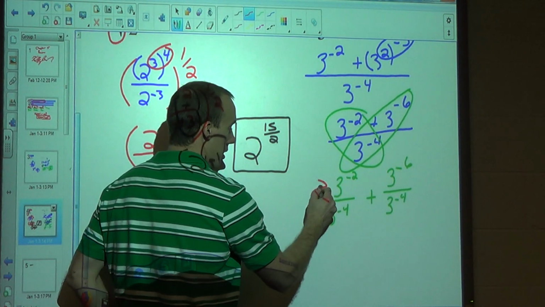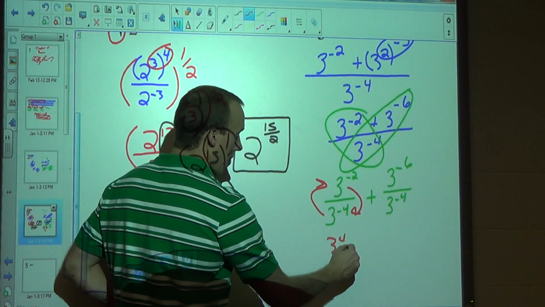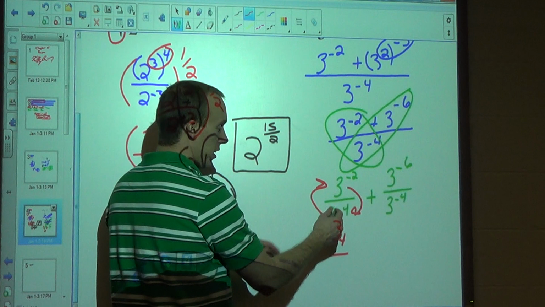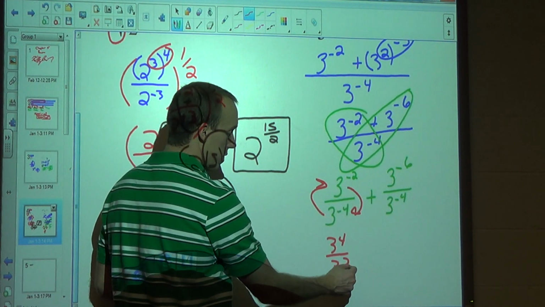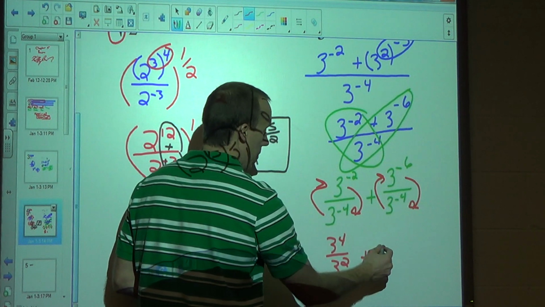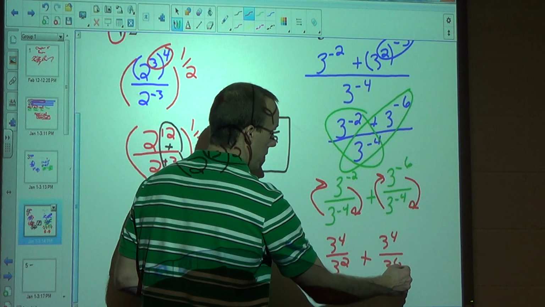Could I move this to the top and this to the bottom? Yeah, because negative exponents mean I can flip it from top to bottom, and there's nothing else in there. So 3 squared over 3 squared plus, and then you can do the same thing here, so move this up and this down. So it's 3 to the 4th on top.